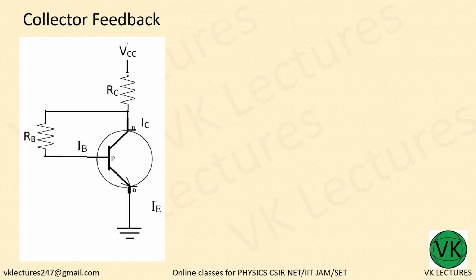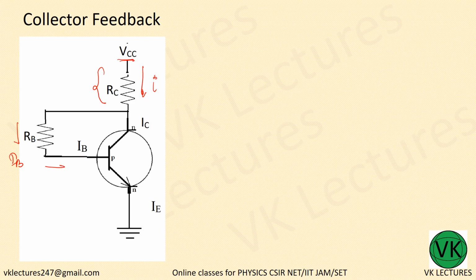So this is the current I. Here there is no separate IC and RC, because for this collector, part of the voltage is from the VCC, and part of it is developed across this RC, which is connected to this point C, and then it goes to RB through IB.